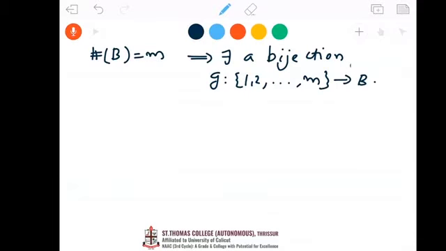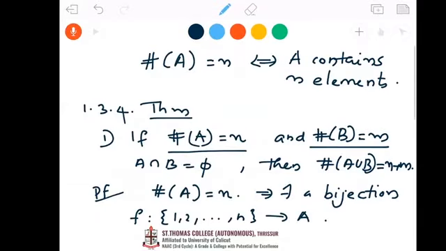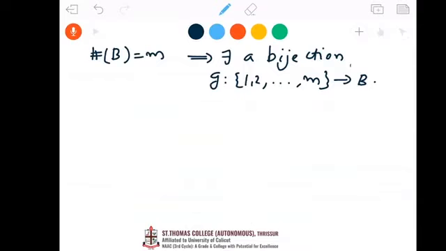Okay, and we know that A intersection B is empty. There are no common elements for A and B. All the elements are distinct. So, if there is a bijection f from 1, 2, 3, etc. up to n to A, then this is a bijection. Bijection means it is onto. So the function f is onto.